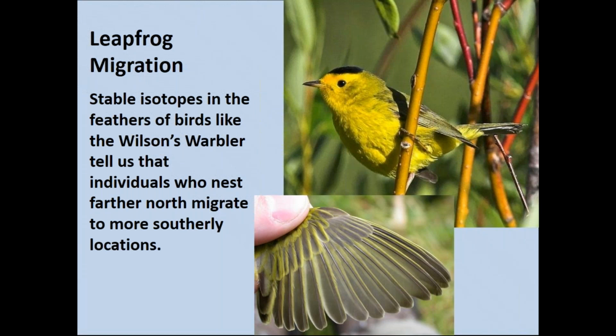And so this new data set from these isotopes from the feathers has allowed researchers to determine that a number of birds like this Wilson's warbler do something called leapfrog migration.